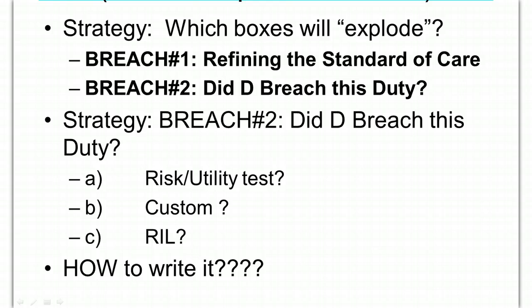Most of the time when we run a reasonable care breach analysis, we're going to compare the risks of the existing conduct and the utility of the existing conduct with an alternative conduct we suggest the defendant should take. There is an argument that maybe you should use custom here, because there's a little bit of information about what the other stores do. However, we should realize that the predominant focus of our answer should be risk utility.